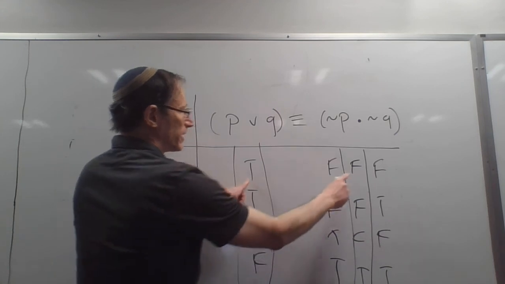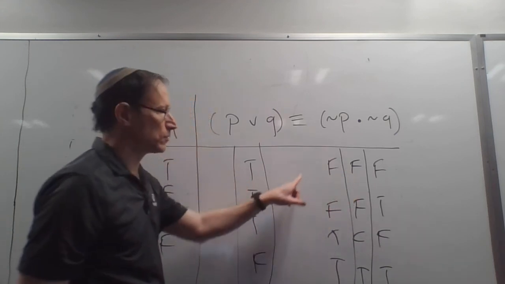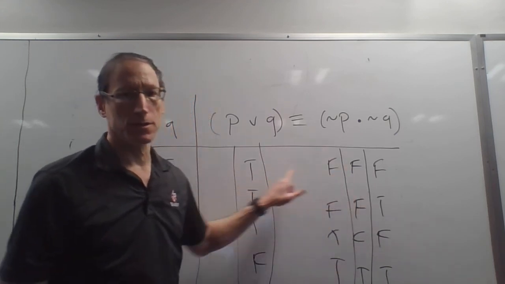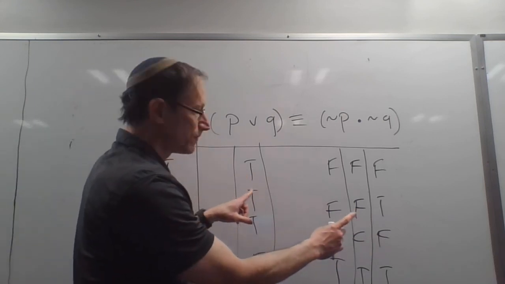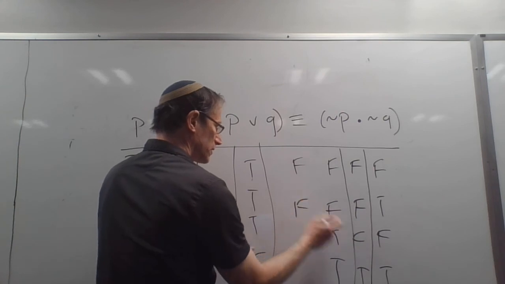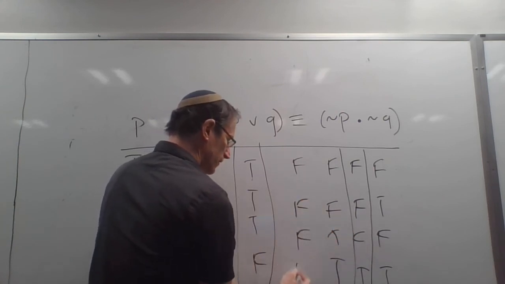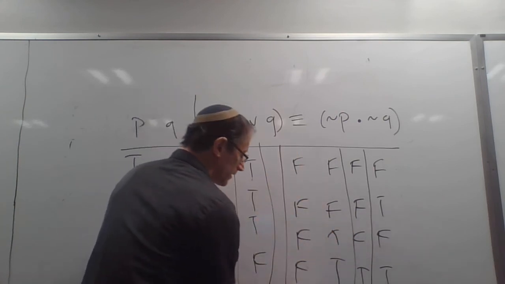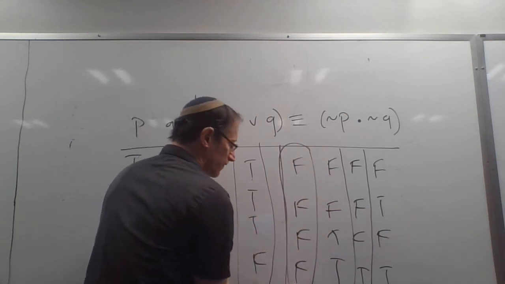Now I look at this biconditional. It's going to be true only when the values are the same. So I have false, false, false, false, and false. So there you go. This would be the final answer.